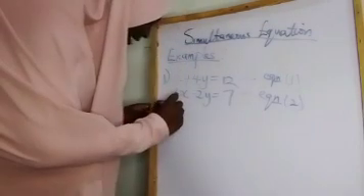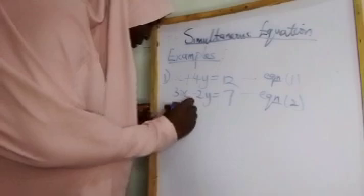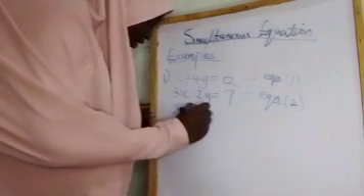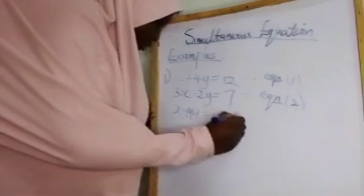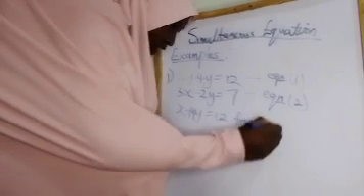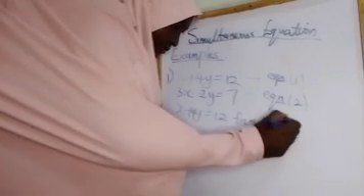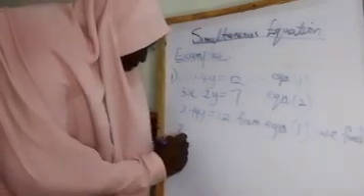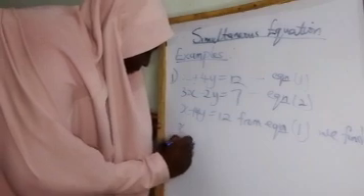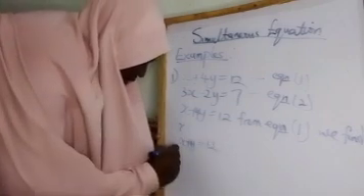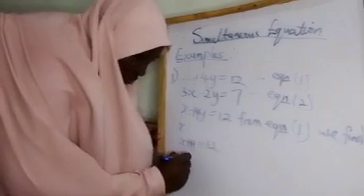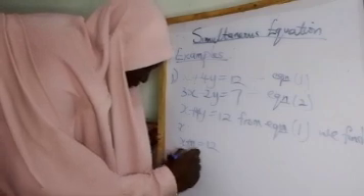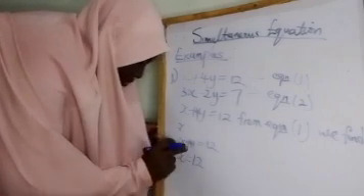We say x plus 4y equals 12 from equation 1. We find x. So we have x plus 4y equals 12.